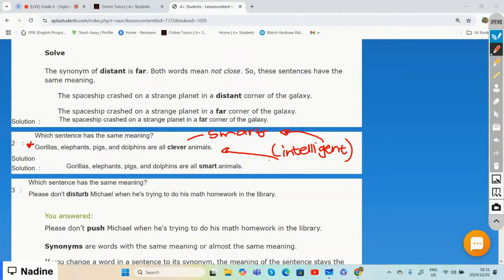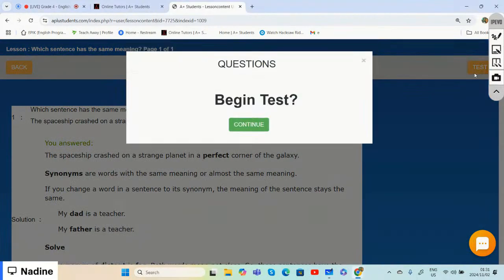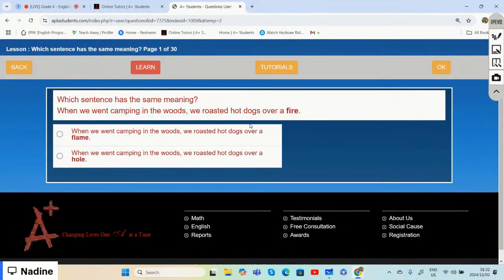So you can have different words with the same meaning, or almost the same meaning, and we call those synonyms. So well done. All right, so now we're going to our test where we're going to say which sentence has the same meaning.